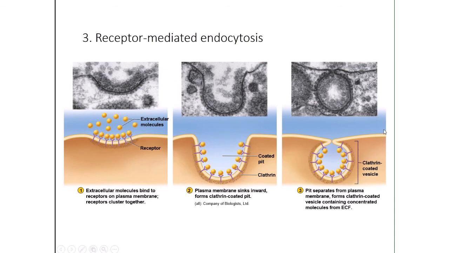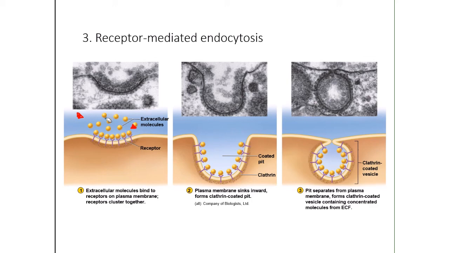Here is a series of diagrams that shows you what receptor-mediated endocytosis looks like. On the surface of the cell, you have these receptors that would fit these yellow circles. If you have some triangle molecules here, and the triangle molecules bind to the receptors, they won't fit, and so you won't be bringing in the red triangles.